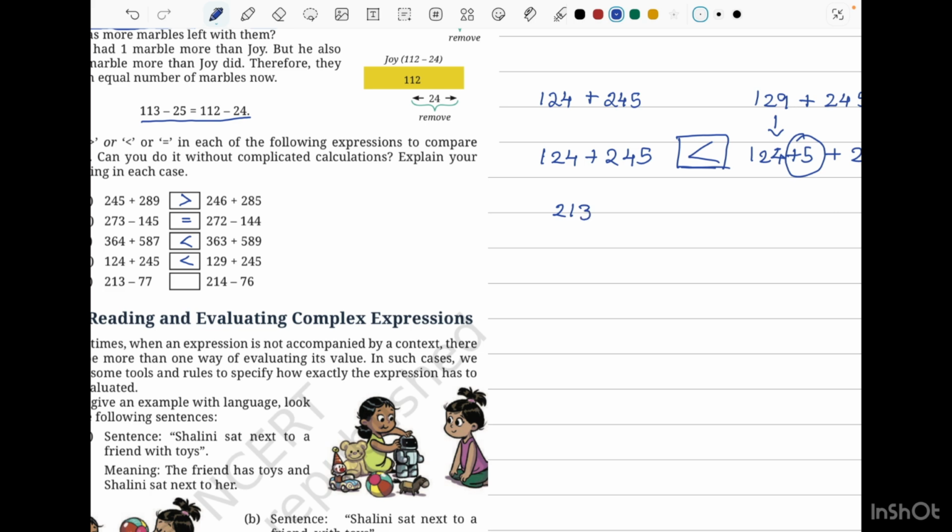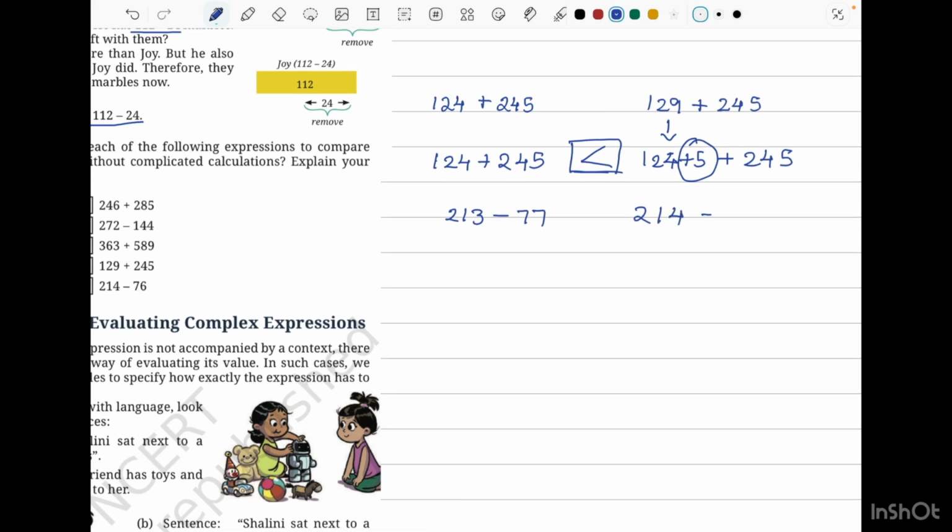Next question: 213 minus 77 and 214 minus 76.